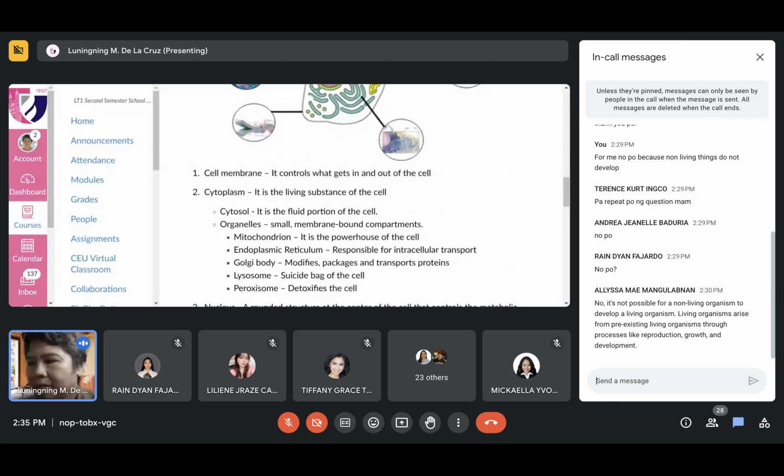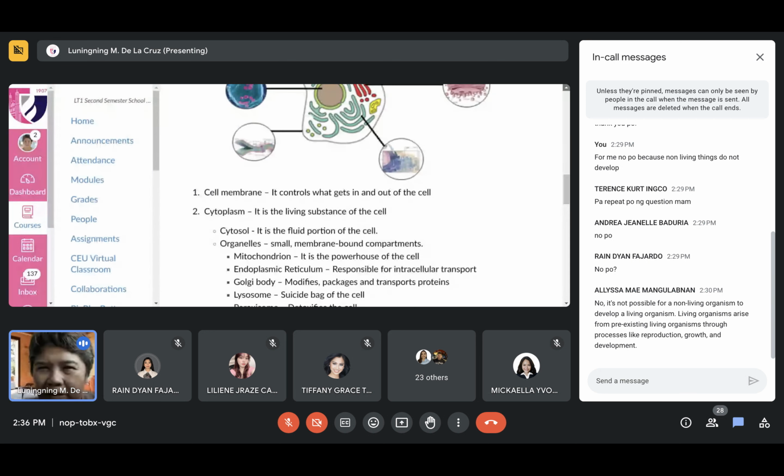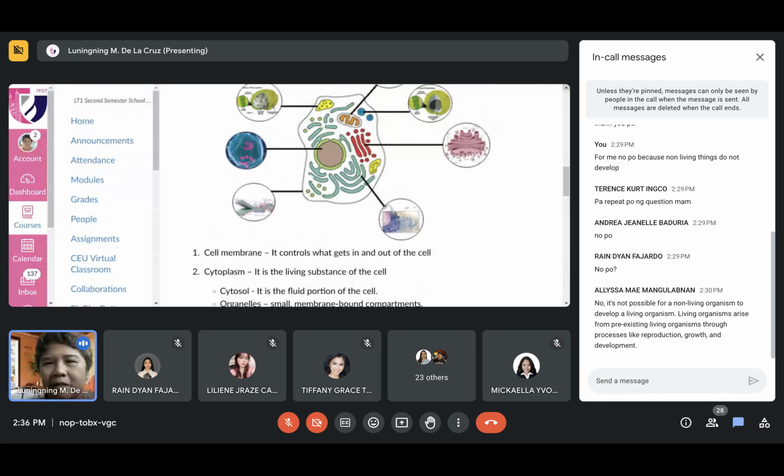Now, for the endoplasmic reticulum, this one is responsible for the intracellular transport. Okay? So, where is that endoplasmic reticulum in our cell? This one is the endoplasmic reticulum. This is how it looks like. Okay? There are so many folds in our endoplasmic reticulum.